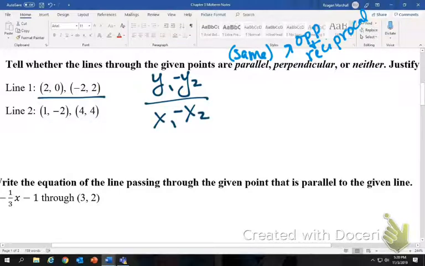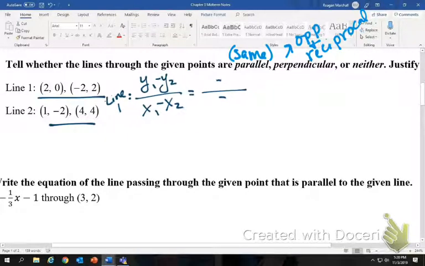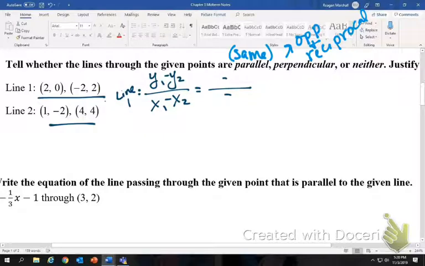So let's find the slope of line 1. Let's do that one first. Line 1. So we're only looking at those first 2 points.